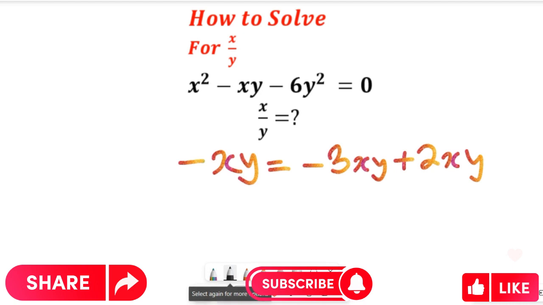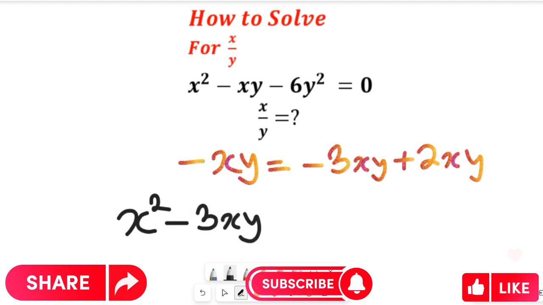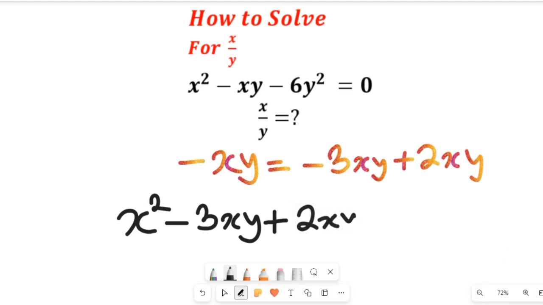So that expression will now give us x squared minus 3xy plus 2xy, and this would be minus 6y squared, and this will be equal to 0.